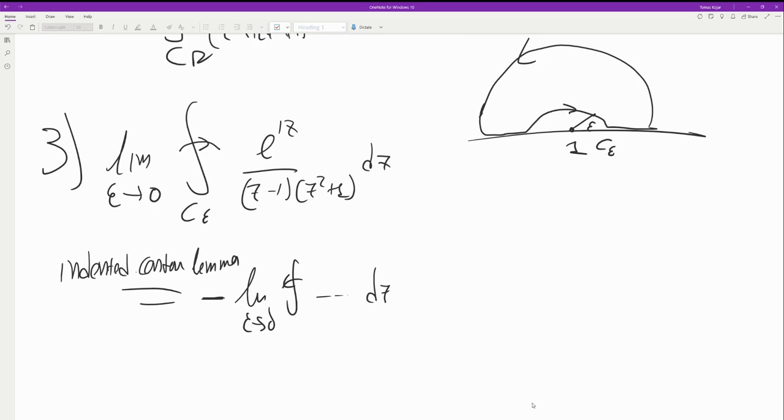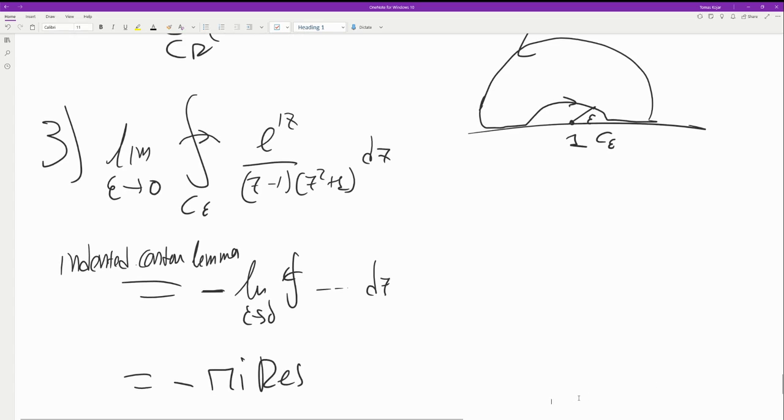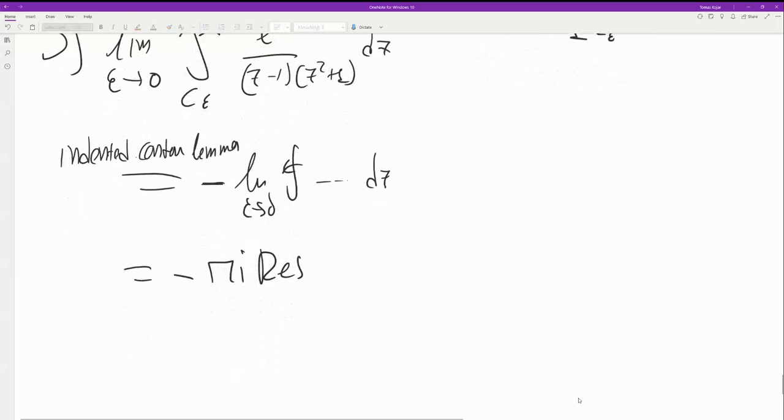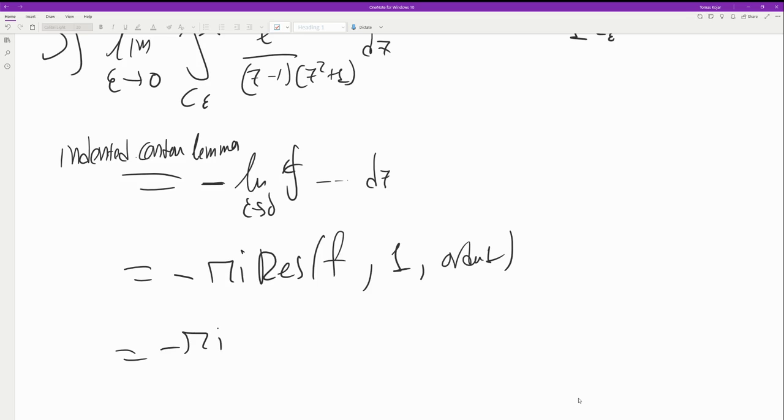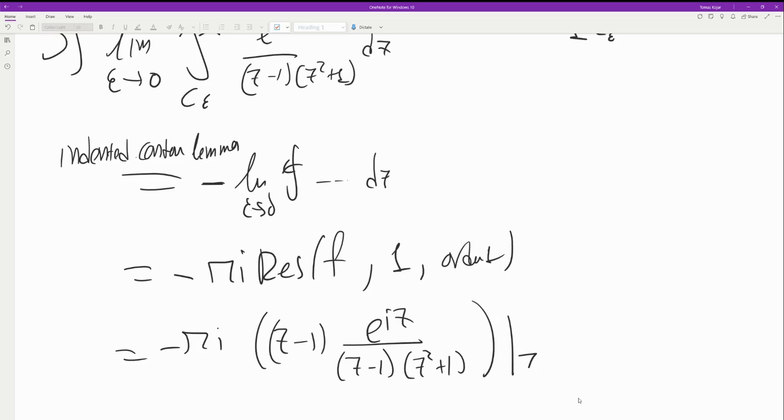Then, by the lemma you get minus pi i times the residue of the function at 1. It's order 1. So let me write this for you: z minus 1 e to the i z over z minus 1, z squared plus 1, evaluated at z equal 1.